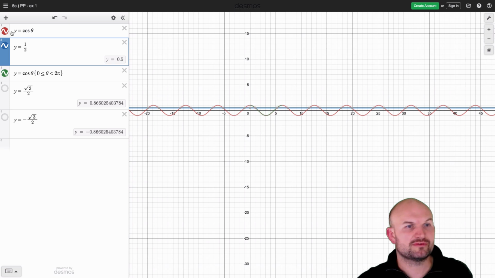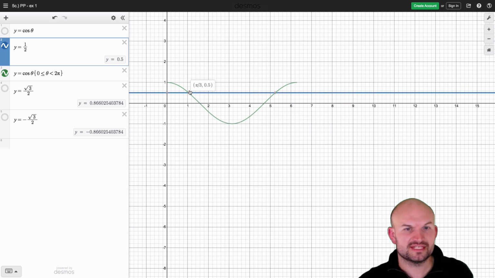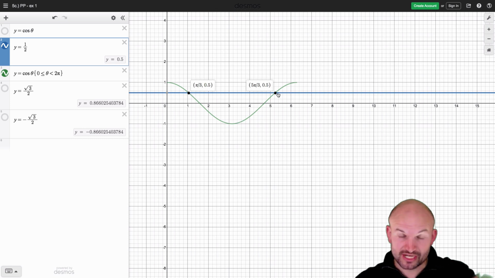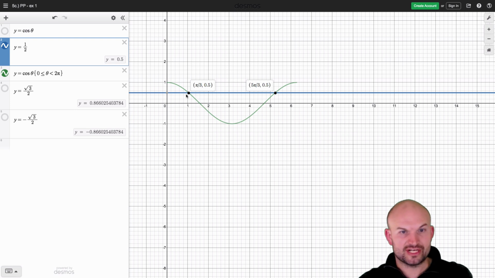Now, when I restrict this between 0 and 2 pi, you can see there's only these two solutions. This is what we call the initial period of the cosine graph. So we have one solution at pi over 3 and 5 pi over 3, which I did find in that example. However, as we start to expand, if I said only the angles between 0 and pi, which I did, that was A, that's your answer. If I said all the angles between 0 and 2 pi, you can see those are our two solutions.